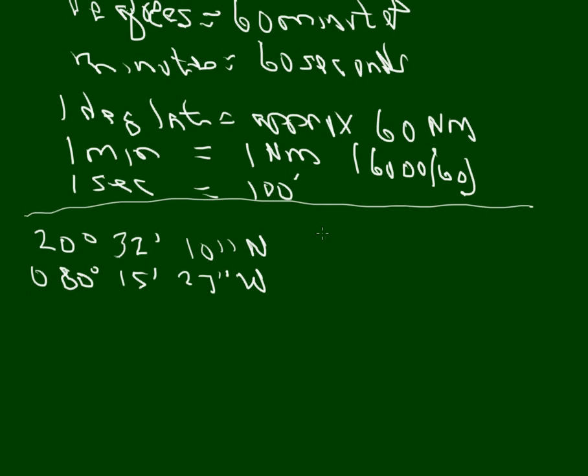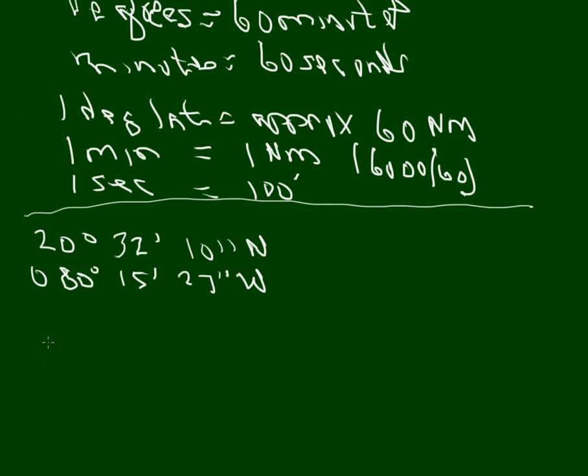But there is another way, or a couple of other ways of doing this. Rather than using degrees, minutes, and seconds, you can also just use degrees, minutes, and some decimal value to equal the seconds.